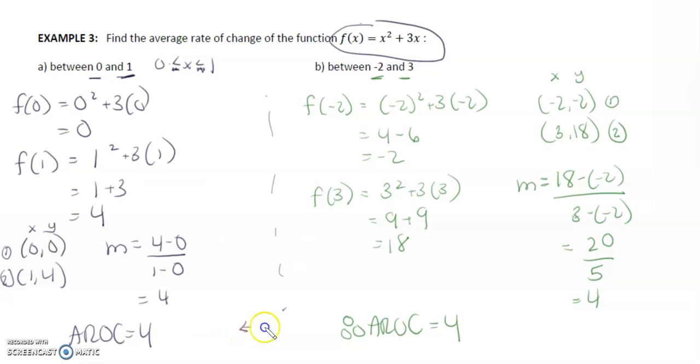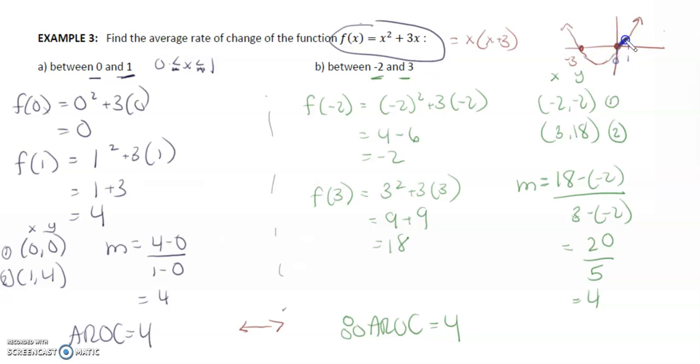So this is not always going to be the case if you're given an equation and you're told to find the average rate of change. But if you actually think about this, this is x squared plus 3x. This is the graph of a parabola going through 0 and -3, and it opens up. So just randomly, when we're taking a look at this, between 0 and 1, this would be 0, this would be 1.